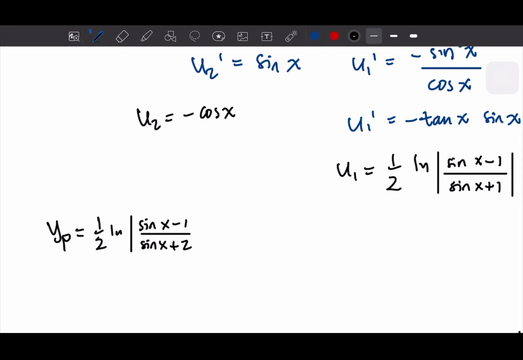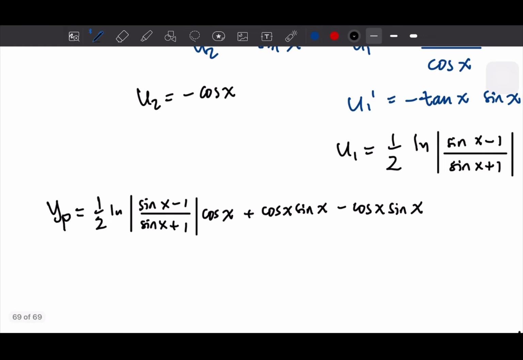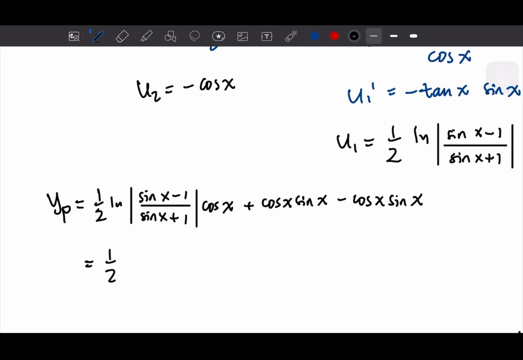Okay, I will show you later a softer approach that I think will be applicable for us. We can see that at the end, this is our yp.